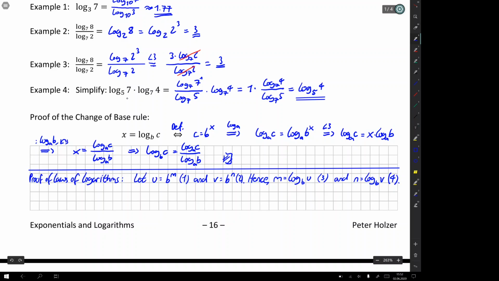So, proving the law of logarithm L1, we have logarithm of uv in base b. That's the same as logarithm, in base b, of b to the power of m times b to the power of n, using here equations 1 and 2, so substituting u and v back here.